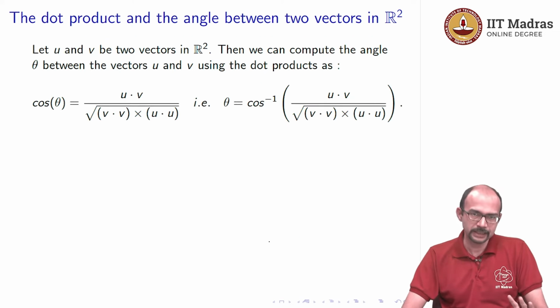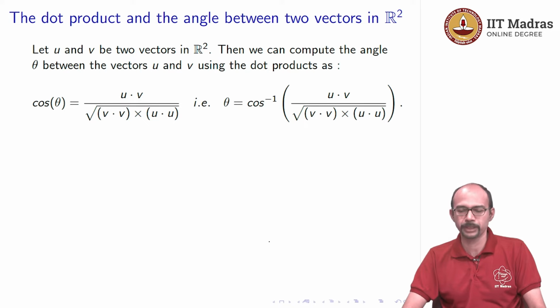What is the relation between dot product and angles? If you have two vectors in R2, we can compute the angle between them, which let us call theta, by using dot products: cosine of theta is u dot v divided by square root of v dot v times u dot u.